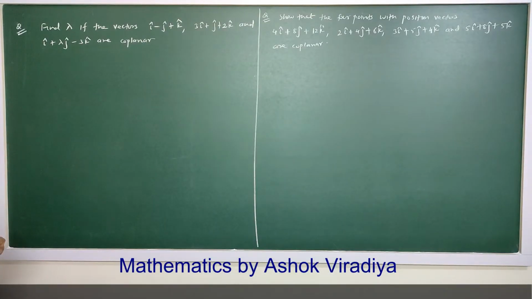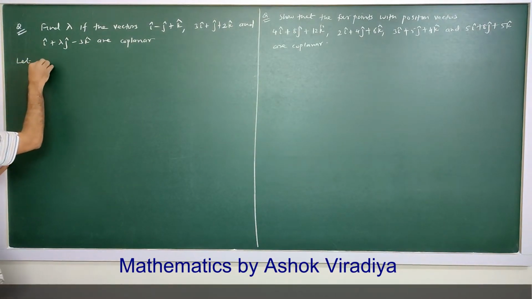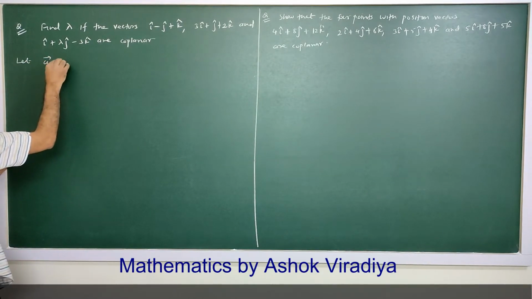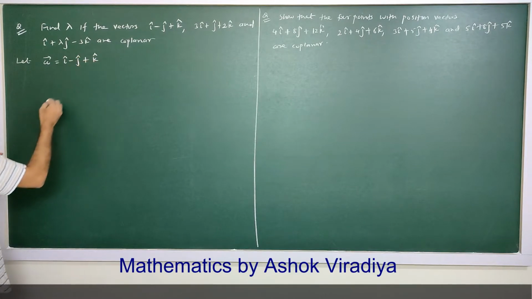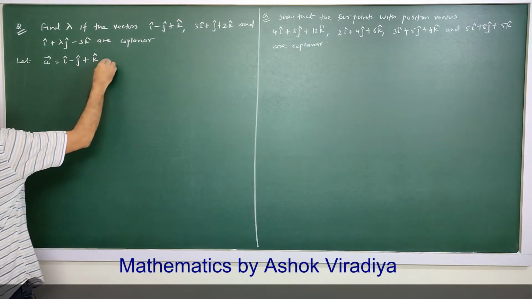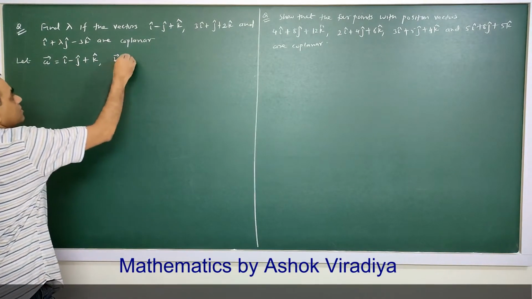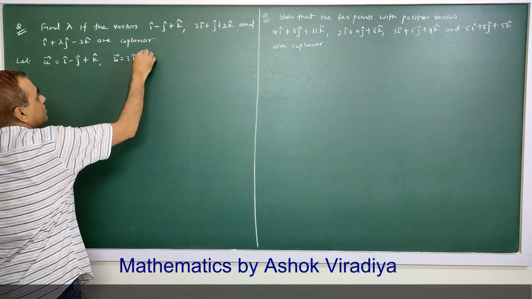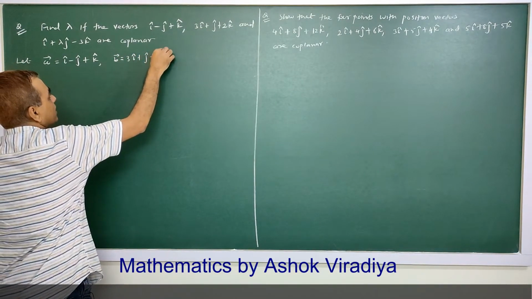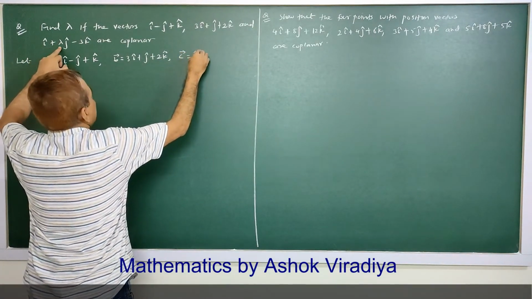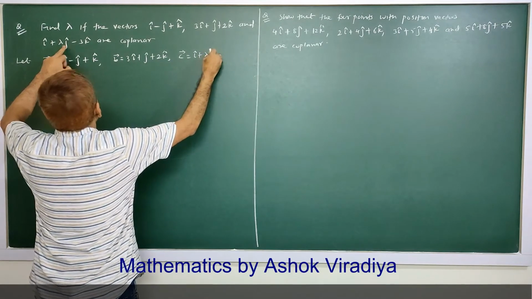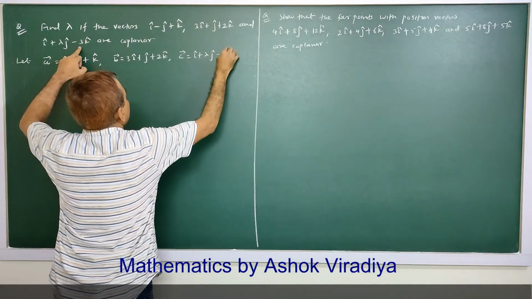Find lambda if these vectors are coplanar. Here we take vector A as i minus j plus k, B as 3i plus j plus 2k, and vector C as i plus lambda j minus 3k.